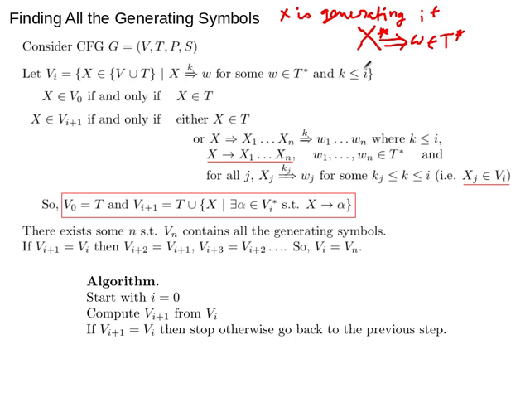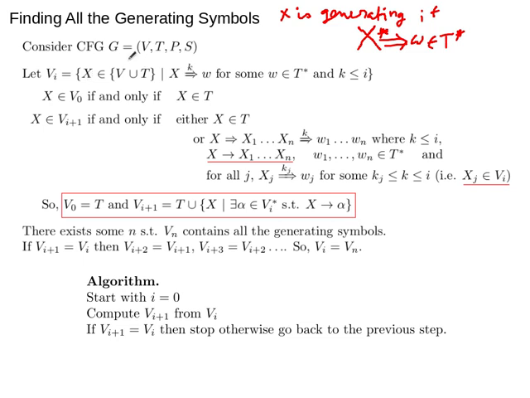So this k is less than or equal to i. Okay. So you see that we are trying to find out all the generating things. So there must be some n such that this Vn contains all the generating symbols. So this is the set of all the generating symbols.